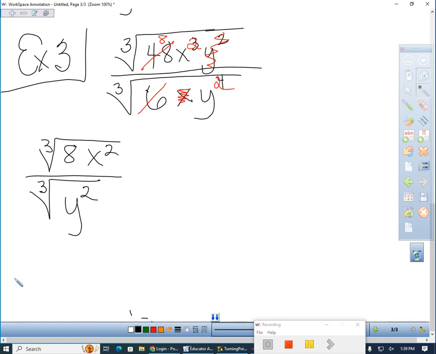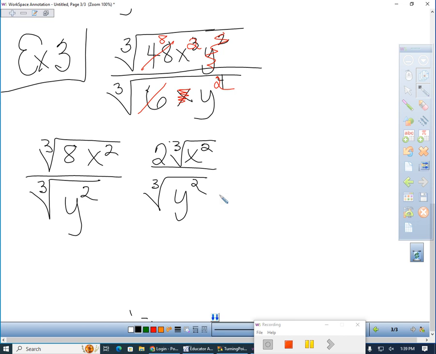I can take a 2 out. So this top is actually 2 cube root x squared over the cube root of y squared. Anybody have a question where that came from? Okay, we just simplified it. Now, if you miss the simplifying step, you can simplify it at the end also.